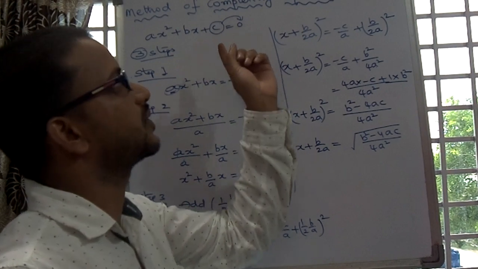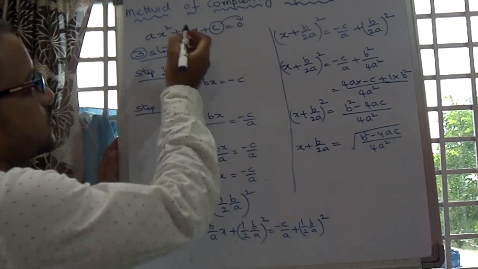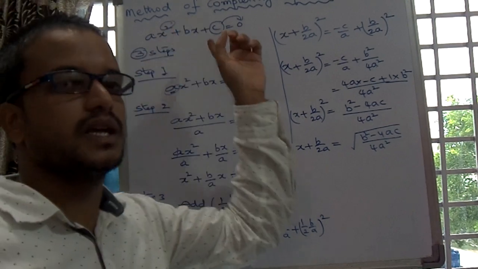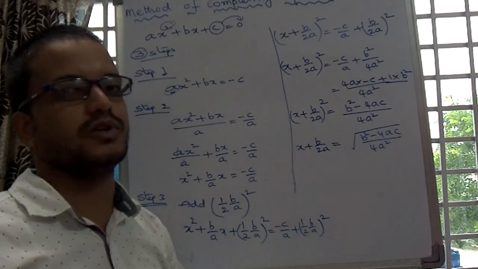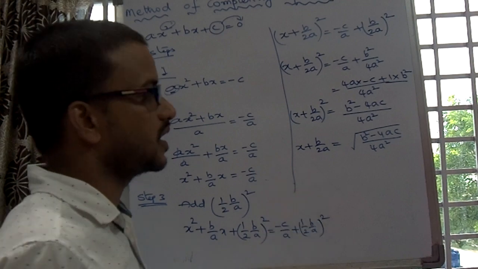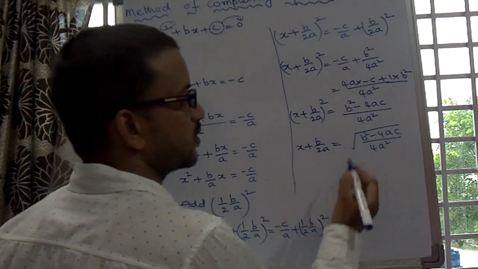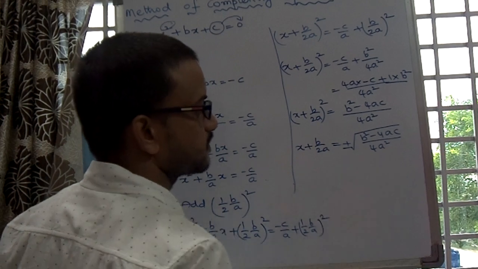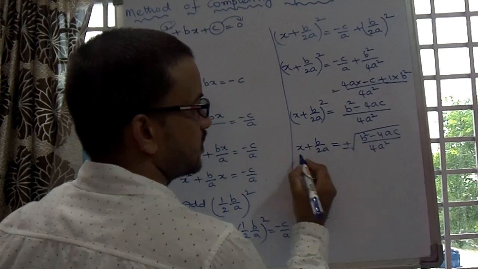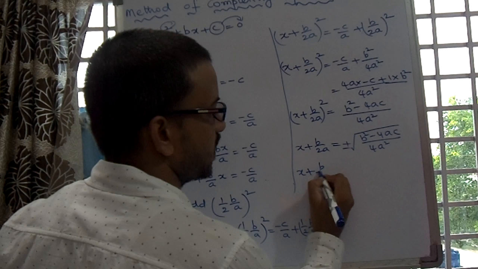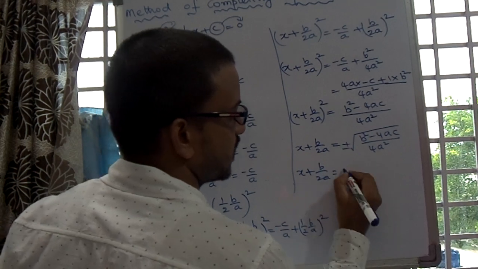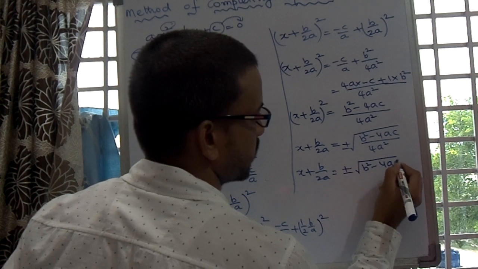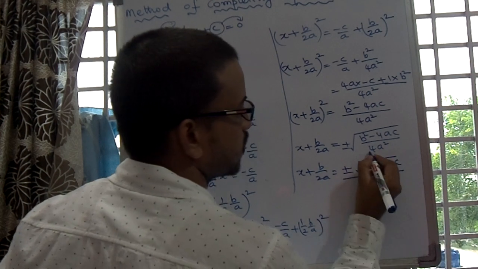A quadratic equation has two solutions. Why? Because the exponent is 2. At most it has two roots, two solutions. So in order to find the two roots, we apply plus or minus. Now x plus b by 2a can be written as plus or minus under root of b square minus 4ac by root 4a square.